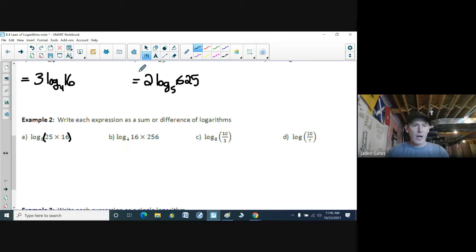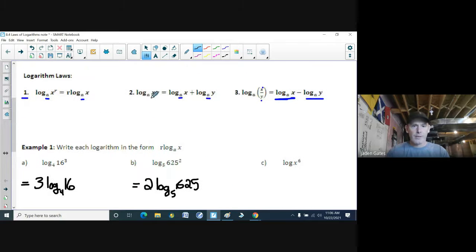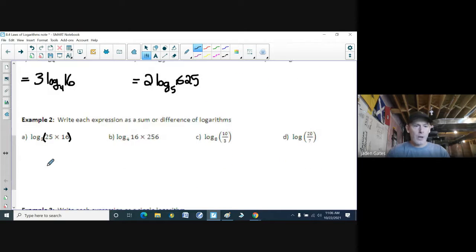But how I could just rewrite that is if I have 25 times 16 inside the log function, I'm just going to rewrite it using log rule number 2 here, where it would equal the log of 25, and because it's multiplying, plus the log of 16. And of course, I can't forget that this is based on a base of 5. There we go. So that's just one way to separate them. C, where we're looking at division.